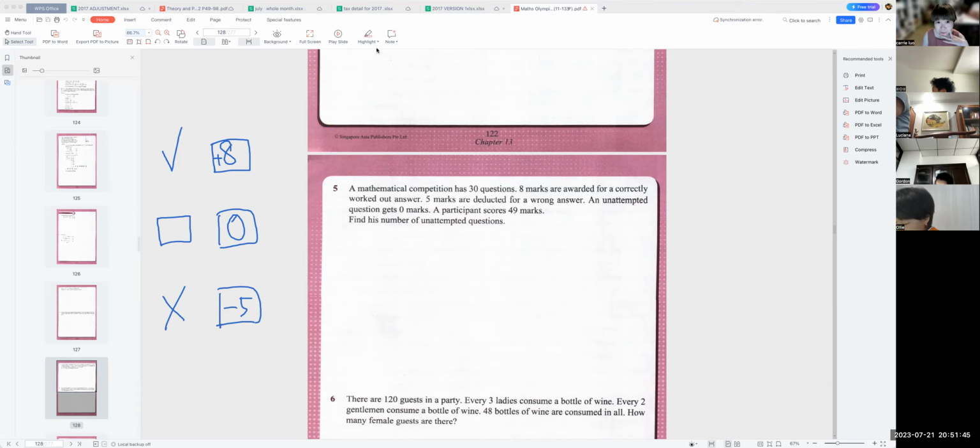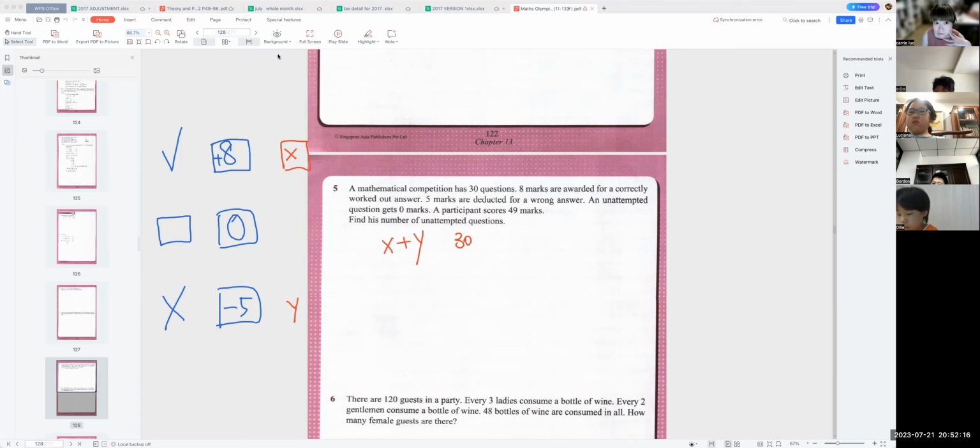Okay, so we can say that, the question is, find his number of unattempted questions. So that means we can make this one X. Or, because this X needs to be times 0, do we need this X at all? No, we can just have the right ones X and the wrong ones Y, correct? But X plus Y is not equal to 30.